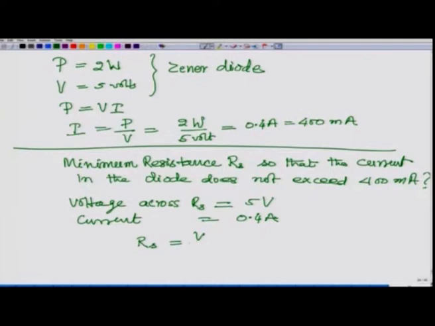RS is V divided by I. So, 5 divided by 0.4 ohm, and how much is this? This is 50 by 4, 12.5 ohms. So, that is the minimum resistance that one has to put there, so that the power rating is not exceeded. That is fine. So, now let me put a load here.